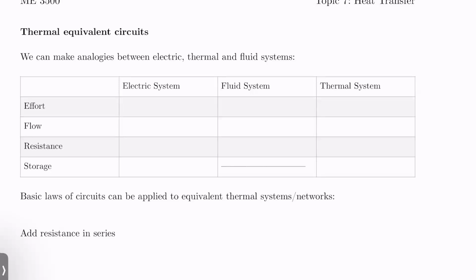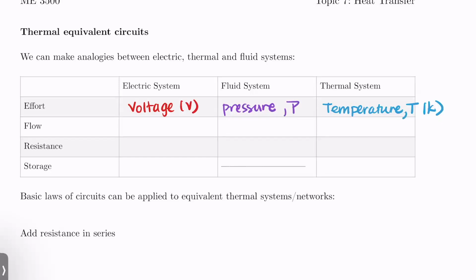So in an electric system, our voltage is going to be our effort. So we have voltage here. In a fluid system, this is pressure. In a thermal system, it's temperature, which is T and has units of K. And then this is pressure P. Okay.